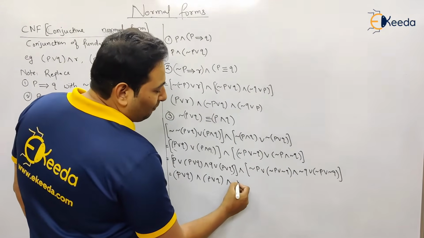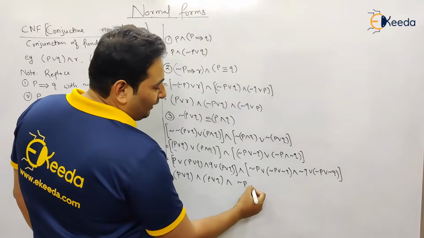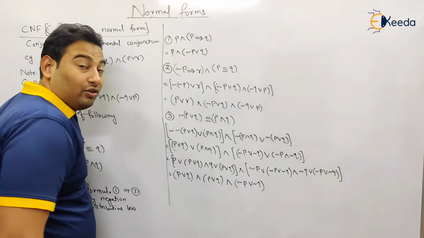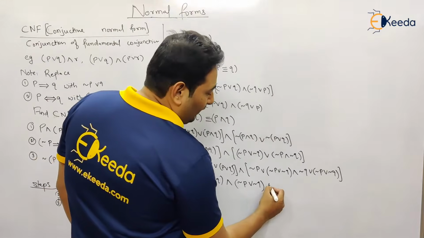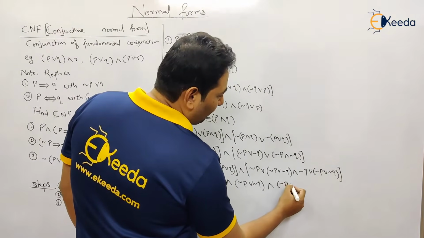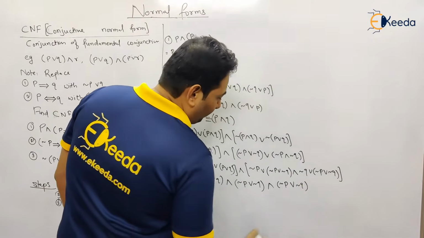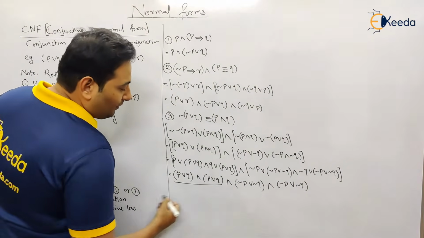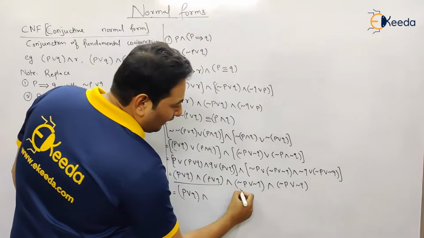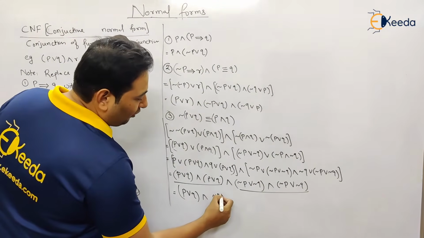These two negation P can be written as one, negation Q, because everywhere it is disjunction, so you can obviously write it down. And again these two negation Q can be written once. Now if you observe, these terms are the same, so you can write it once, and these terms are the same, so you can write it once.